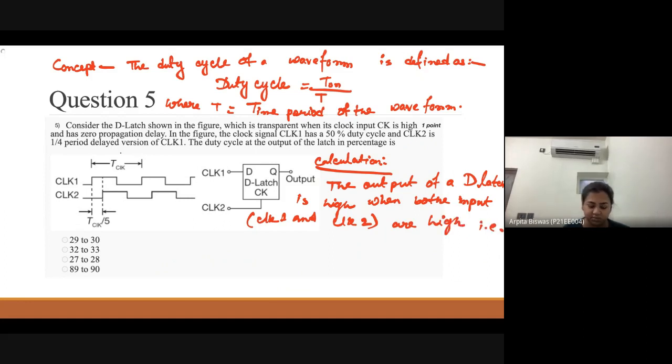That is, the output waveform is the AND gate condition of the two clock inputs.